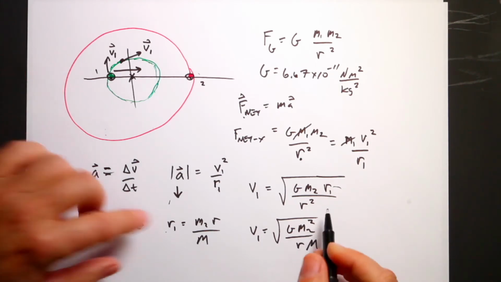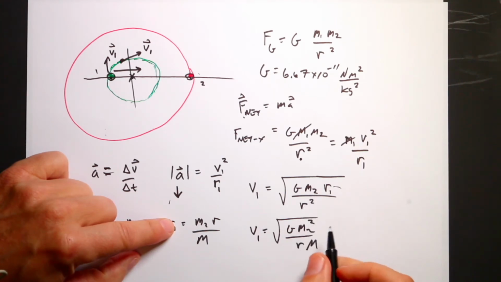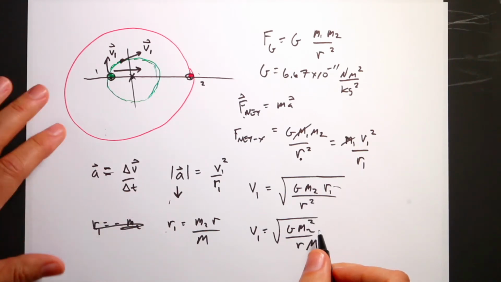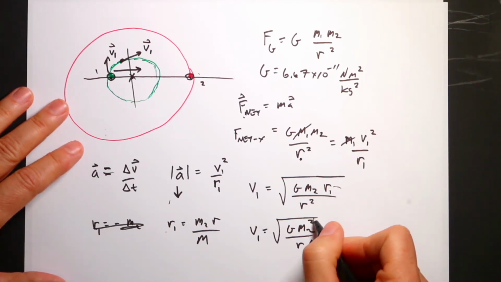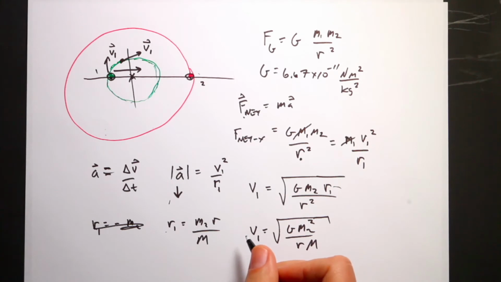Wait, I messed up. m2 over m. Yeah, I'm pretty sure that's right. I feel like that's not right. I feel like I made a mistake. I have just m.